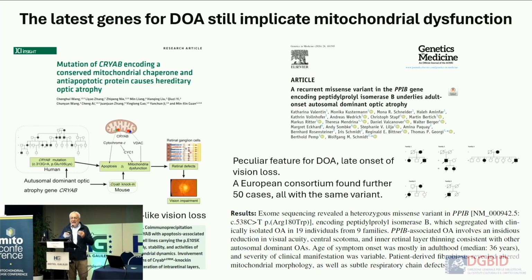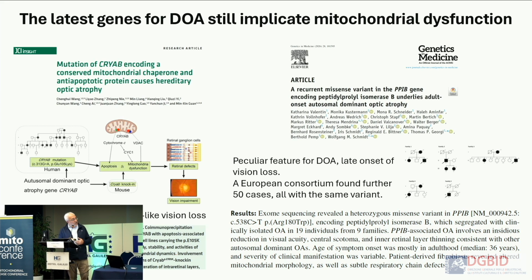So if you have a Leber's with dominant transmission, you have to look for CRYAB mutations. And this is a partially mitochondrial protein. It's not really very clear what it does, but it seems to be involved as a chaperone. It seems to be involved in controlling the predisposition to apoptosis.